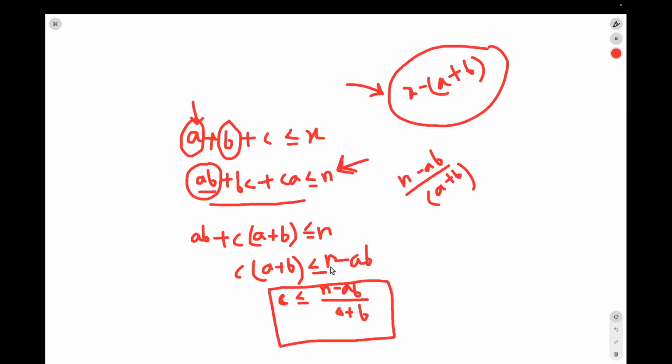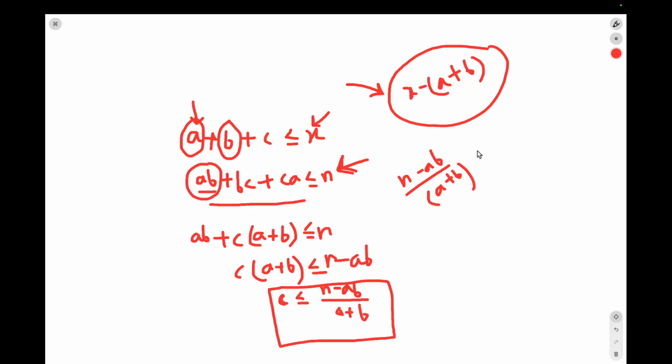If any c value is much more than that, then this condition will break.